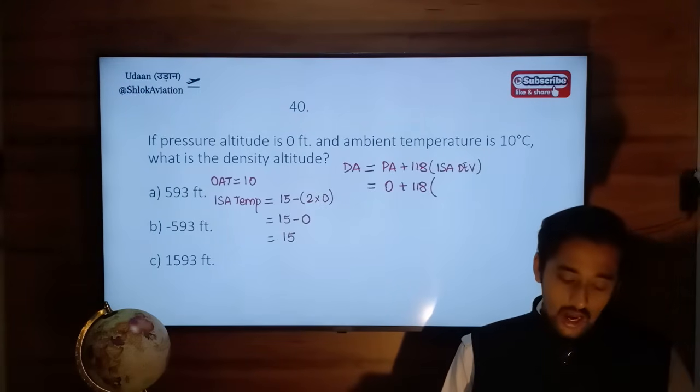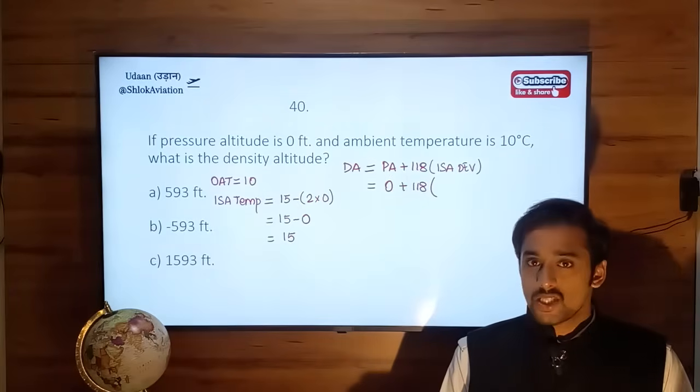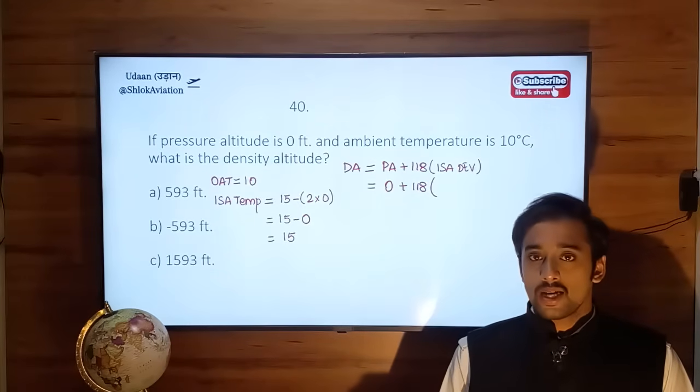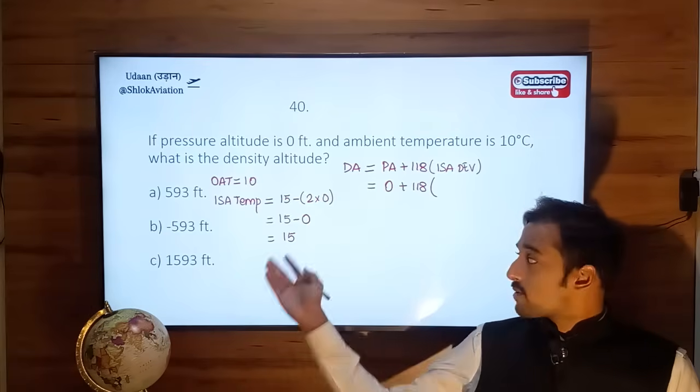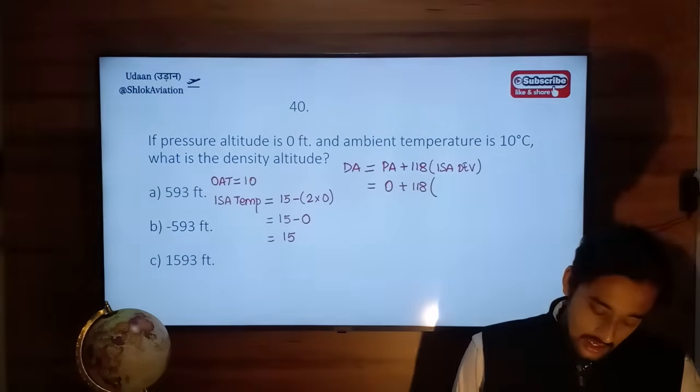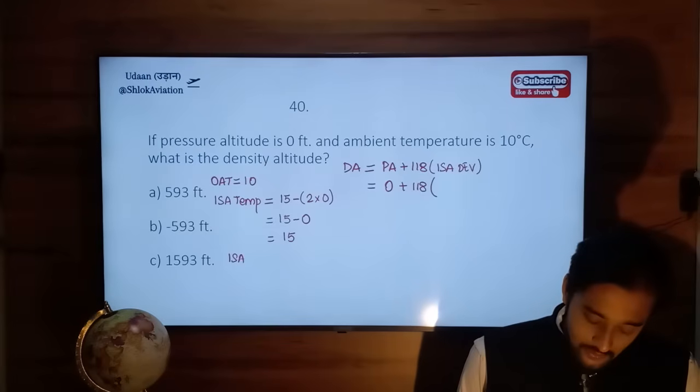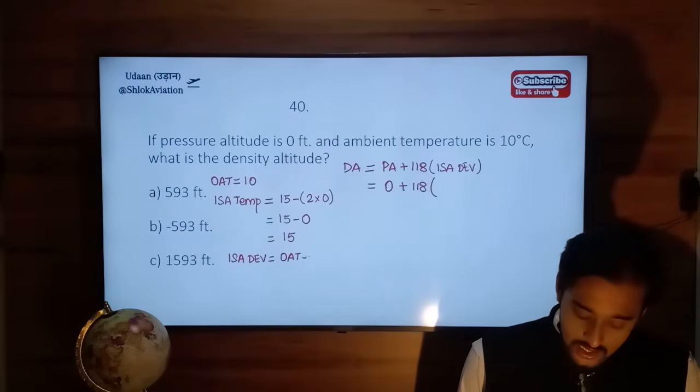So pressure altitude at 0 feet is mean sea level. According to ISA, temperature at mean sea level is 15; if you don't know, you can calculate it like this. ISA deviation equals outside air temperature minus ISA temperature.